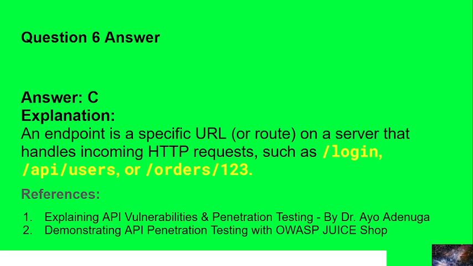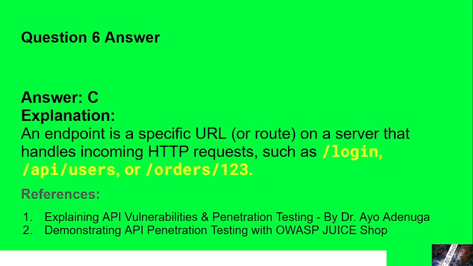So if you have /login, you know that has to do with login. You have /api/users, you know that has to do with user profiles and things like that. Then if you have /orders/123, it's referencing an order. It's not about login resources and it's not about user profile resources.